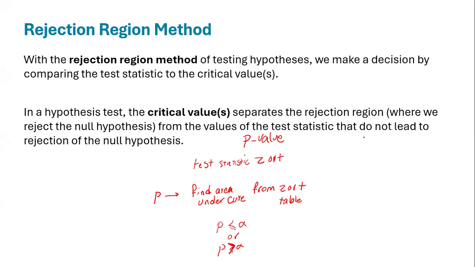But when we are using the rejection region method, we are going to find some critical values first, not the test statistic. The critical values are z or t. And how do we find the critical value?